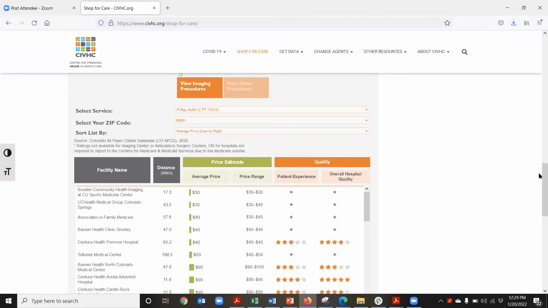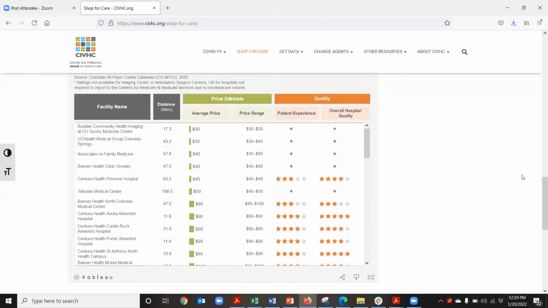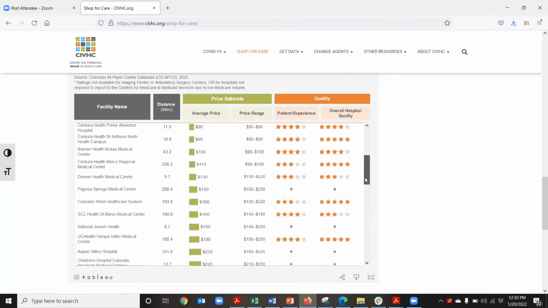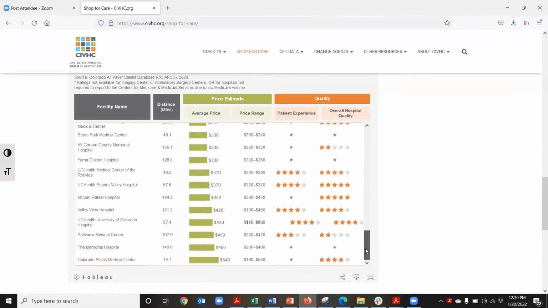And you can see how you have the X-ray of an ankle for as little as $30. And just on this page, the same exact X-ray can go up to $540.